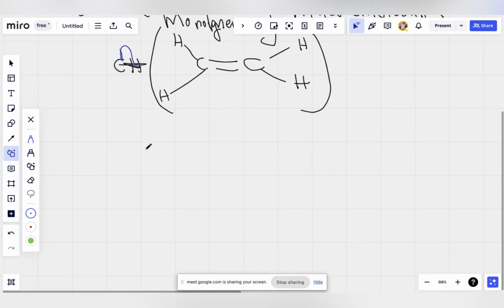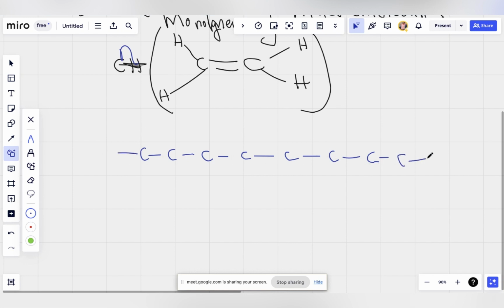a polymer like this, which is going to be a strong macromolecule. The ethene will continue to add onto itself to form a giant structure called a polymer.